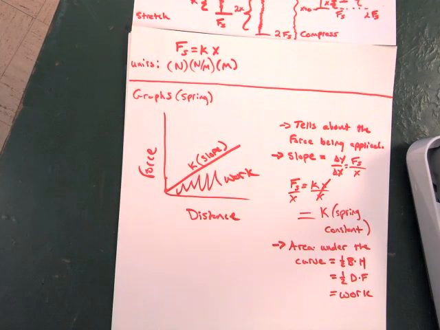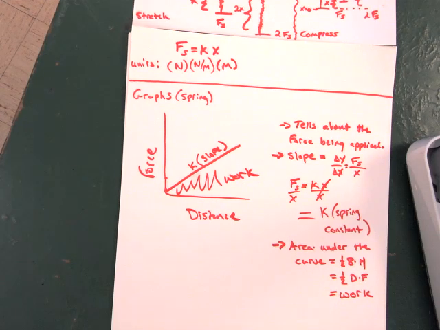Guys, these are just things we need to make note of. If we have a force versus distance graph and we're dealing with a spring, the slope is going to be the spring constant. If we are trying to find how much work is done on the spring, we have to do area under the curve. Let me grab a quick color and highlight the most important things.